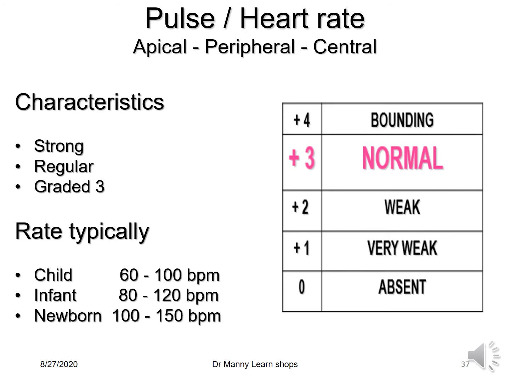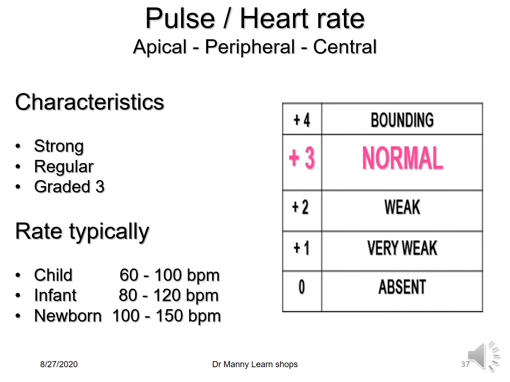We want it to be normal, not bounding. Regular, not irregular. Although in some infants and children, an irregular pulse can be normal. And this is typically associated with rhythms such as sinus arrhythmia, which is a normal rhythm in an infant or a child, sometimes an adult as well. But typically the pulse is graded at 3.